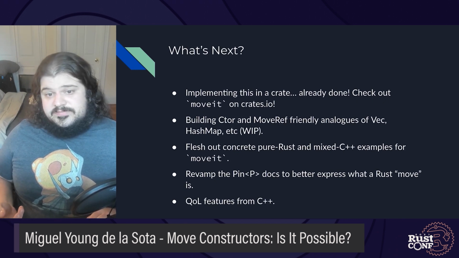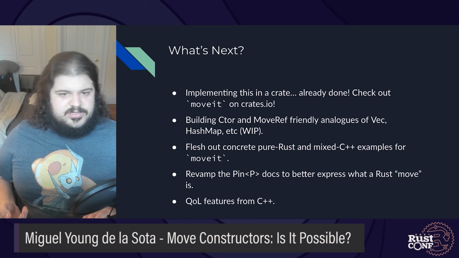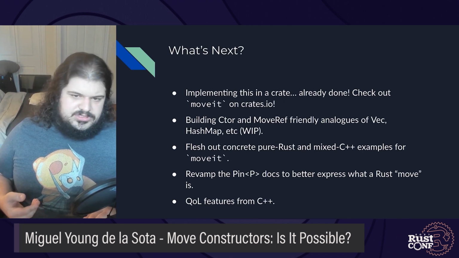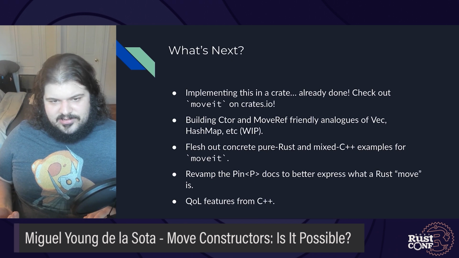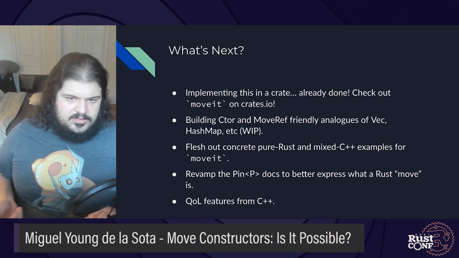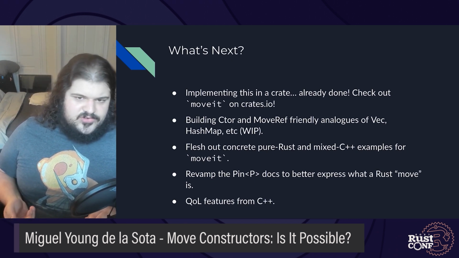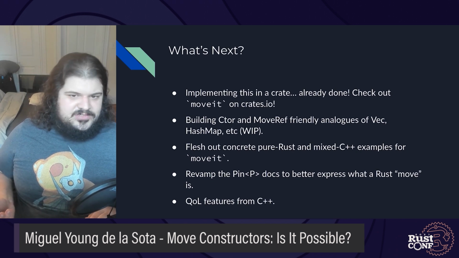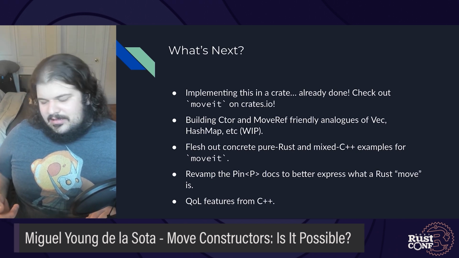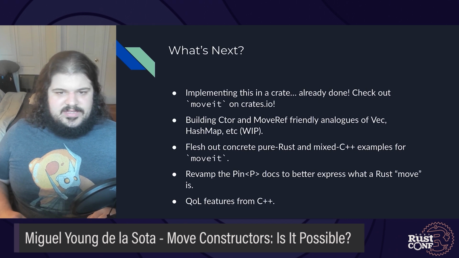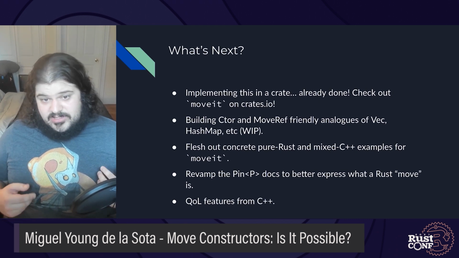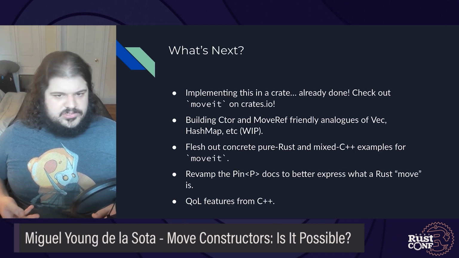Finally, there are tons of C++ features that can make working with constructors easier, such as struct literals, and using constructor operations as an expression rather than as a binding. There is a very long list of these things that I'd like to port someday in order to make constructors easier to use.